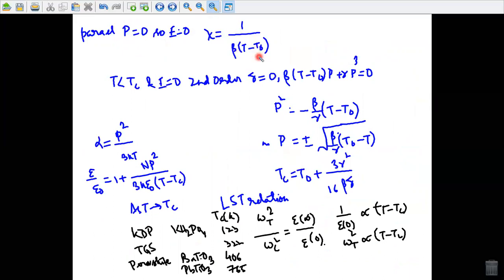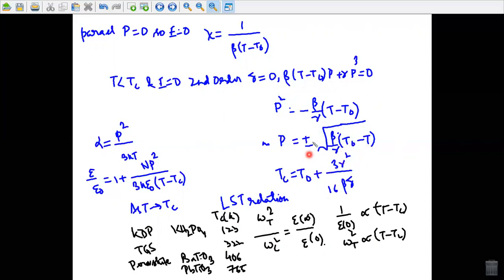So for T less than Tc and E equal to 0, for second order, where delta equals 0, beta times (T minus T naught) P plus gamma P cubed is equal to 0, where P squared is equal to minus beta upon gamma (T minus T naught), or P is equal to plus or minus root of beta by gamma (T naught minus T), which is again a Curie-Weiss behavior.